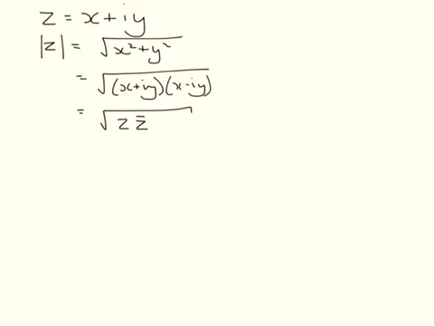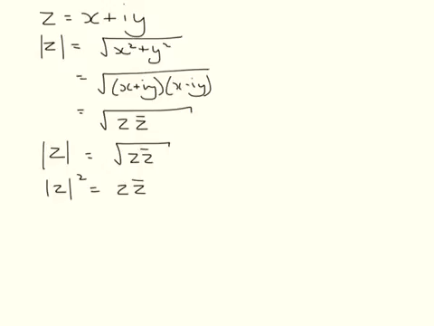So the interesting thing about that is mod z is the square root of z times z bar. So just squaring both sides, the mod of z squared is the same as z times z bar.